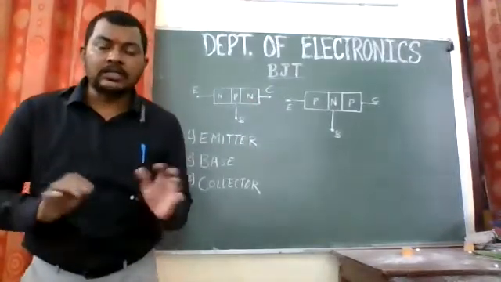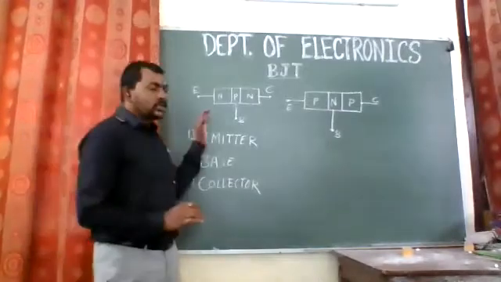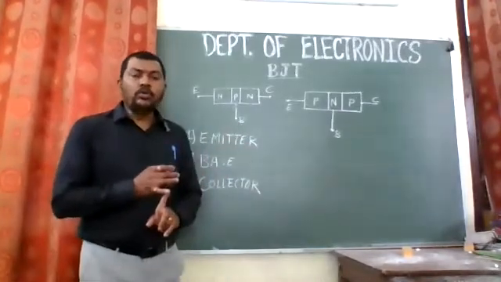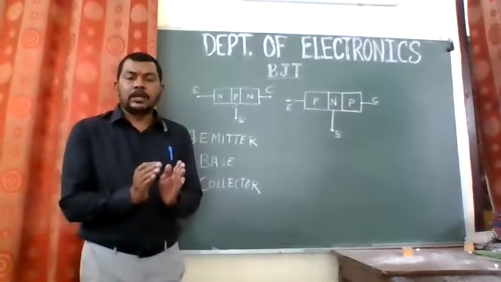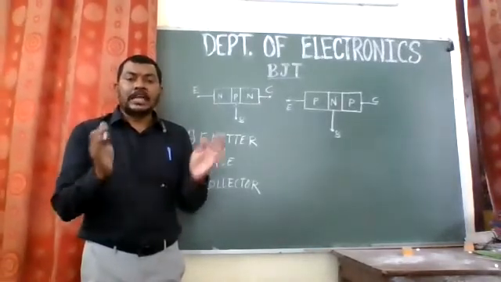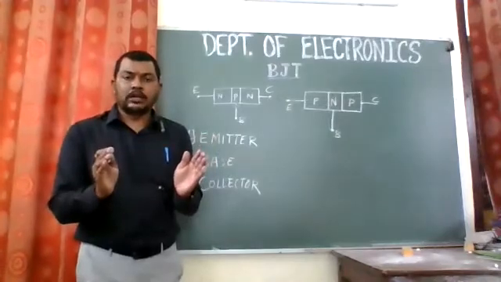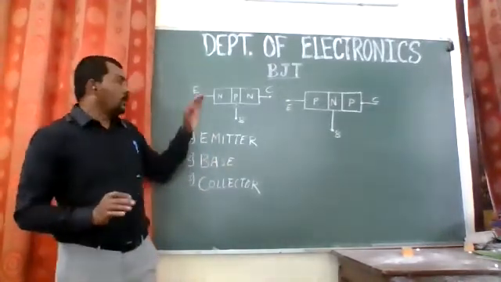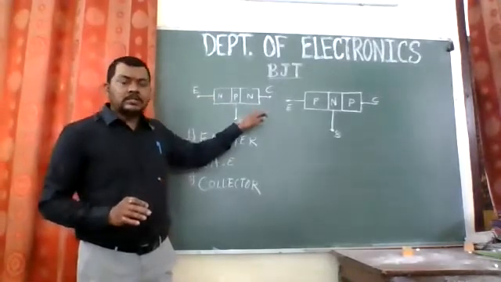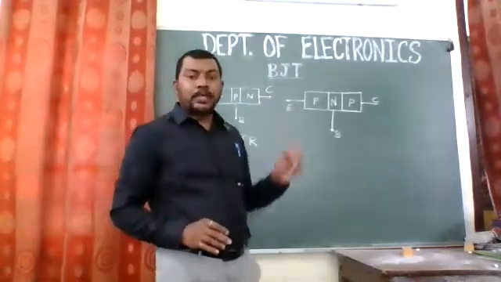So this is the construction of a bipolar junction transistor. I've told you how it is composed: one type of extrinsic semiconductor is sandwiched between the other type of semiconductor. On that note, we have two types of transistors, the NPN transistor and the PNP transistor.